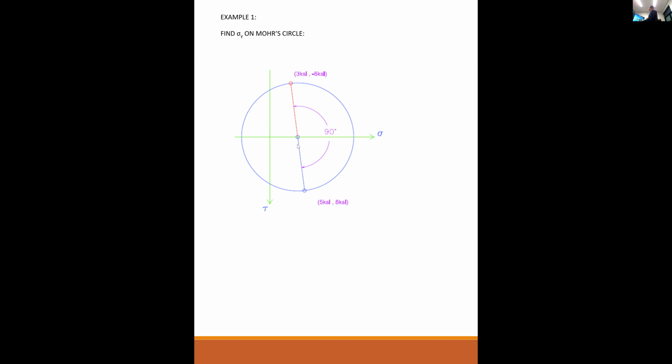This is my reference line. I continued that line until it intersected with the perimeter of the circle, and then I measured this, and it measured out to be 3 and minus 8. It's 3 because that was the original problem statement that sigma y was 3 KSI positive in tension.